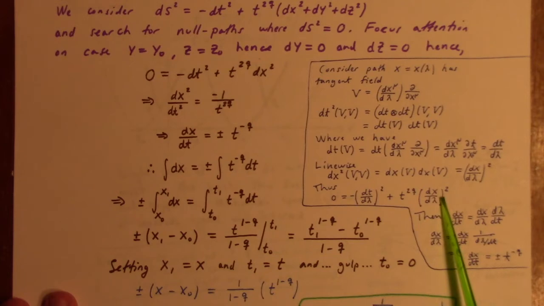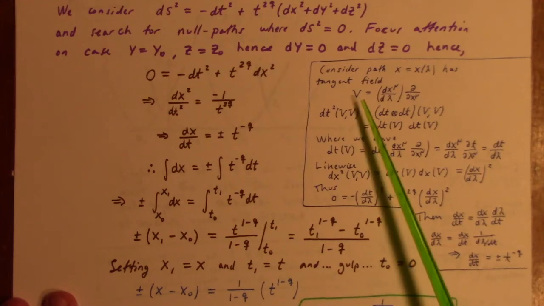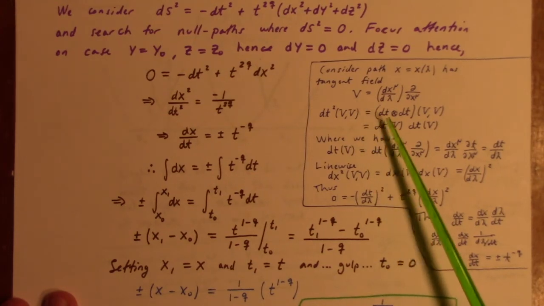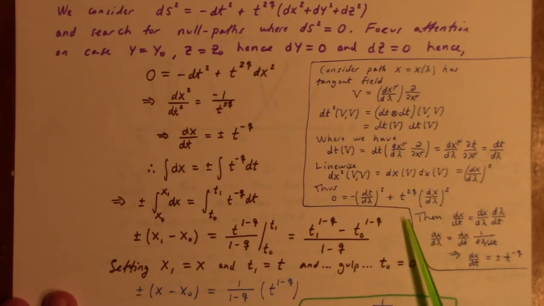So basically, if I plug the vector v into the metric and assume that it is the vector field of a null path, it leads me straight away to this equation.